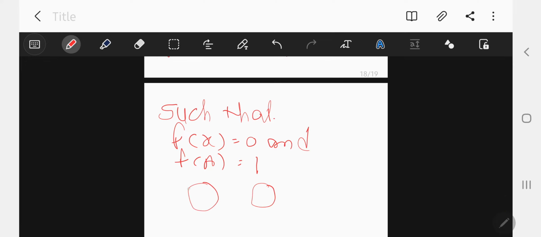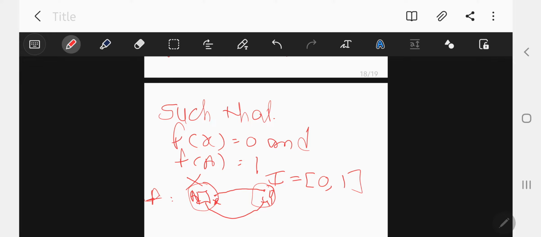That is, for a function f from X to I, the closed interval 0 to 1. Here, closed set A of X and point x does not belong to A, then f of x is equal to 0 and f of A is equal to 1.